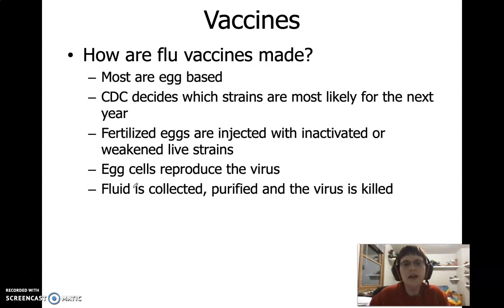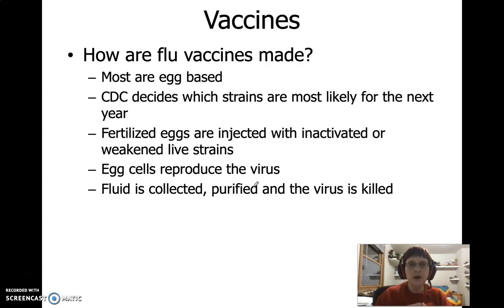And then we're going to take the fluid that contains the virus, collect it, and purify it so that we get just the virus, and then we, quote, kill it. Now, we just said that they're not alive, so basically what we mean is we're going to inactivate it. There are different ways to do this, using things like radiation, heat, and so forth.